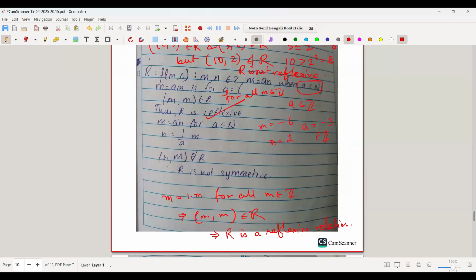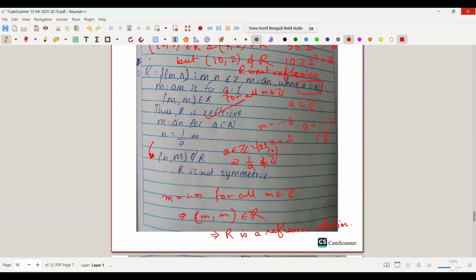Why? Because 1 by a, n equal to 1 by a into m, implies (n, m) does not belong to R. A belongs to Z, except plus minus 1 and 0, that implies 1 by a does not belong to Z. So n is not some multiple of m, that is why (n, m) does not belong to R.